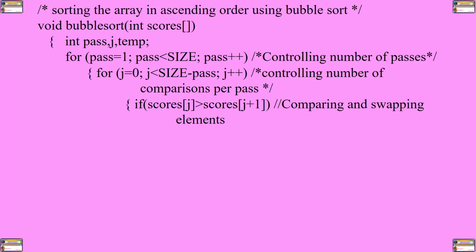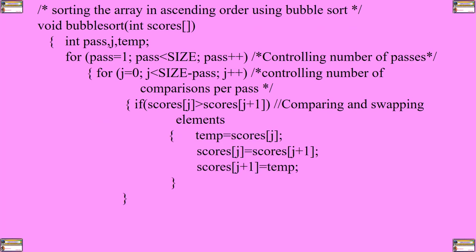If the value in scores j is greater than scores j plus 1, that means if the previous value is greater than the second value, for example, j is subscript 0 and the second one is subscript 1, if the value in subscript 0 is bigger than the one in subscript 1, we do the swapping.